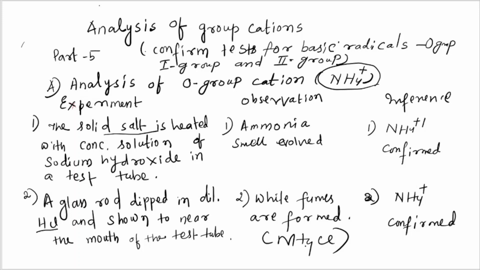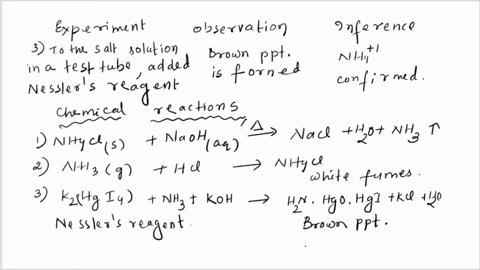It is not the only test. Another very important test is called Nessler's reagent. In the Nessler's reagent test, you take the salt solution, not dry, and add Nessler's reagent.